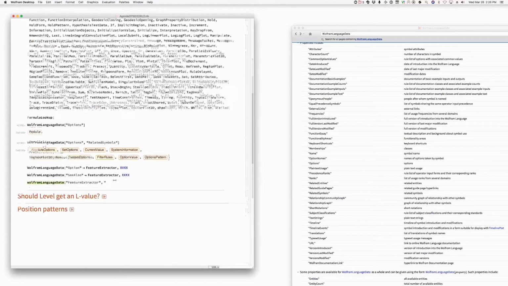Okay, fine. But then what would we call that property? Option symbols with option. Let's see what some of these are. Common option values.